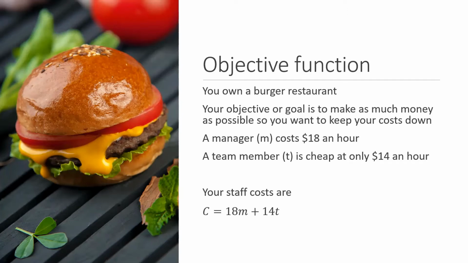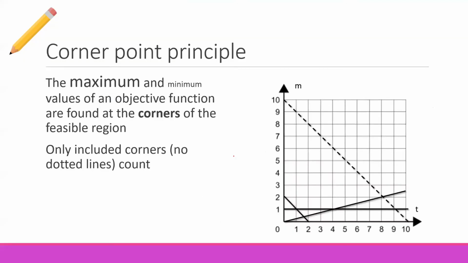So then what we did is we said, here are some suggestions for what your objective function could be based on. One of your costs would be staff. So how can you minimize this number? How can you make sure that C is as small as possible without making your whole store go completely bankrupt? Therefore, even though we want to make C as small as possible, we have to have a certain number of managers and a certain number of team members. I said the maximum and minimum of the objective function occur at the corners of the feasible region.